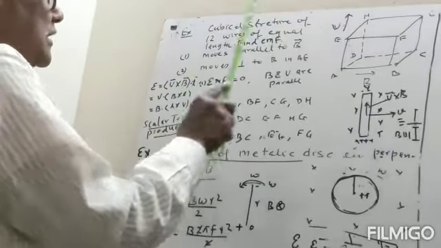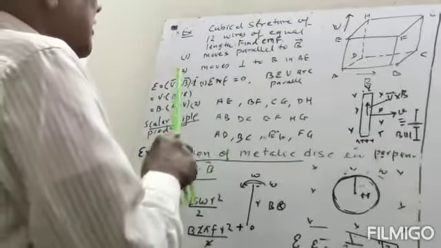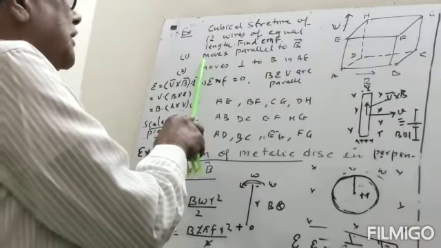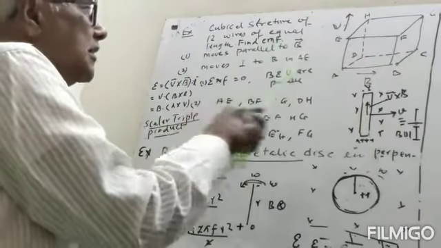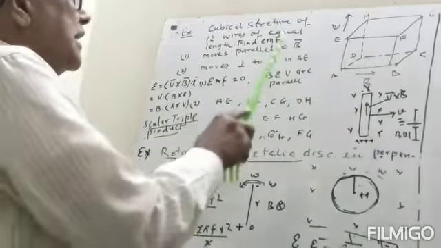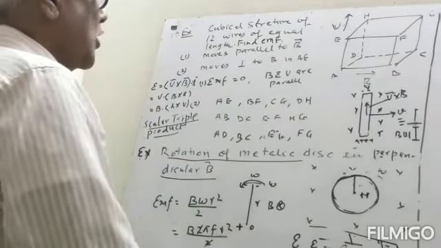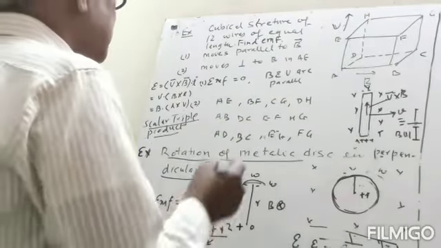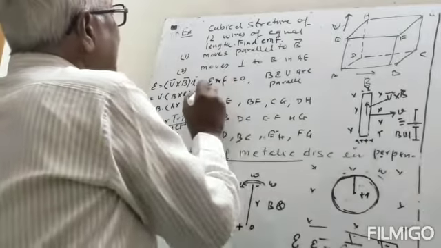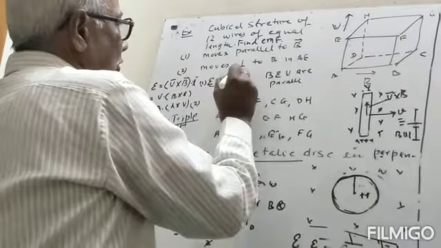In the first case, when the cuboid is moving in the direction of B, V and B are in the same direction, so V cross B will be equal to 0.